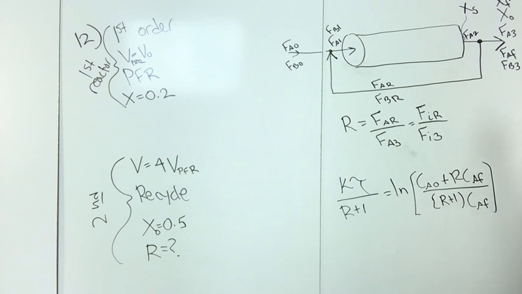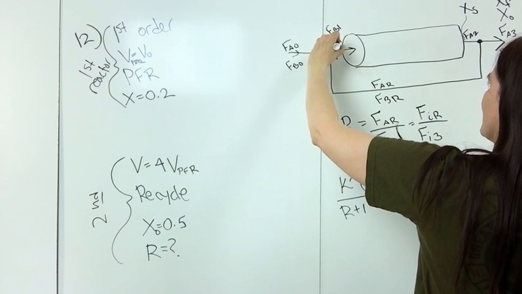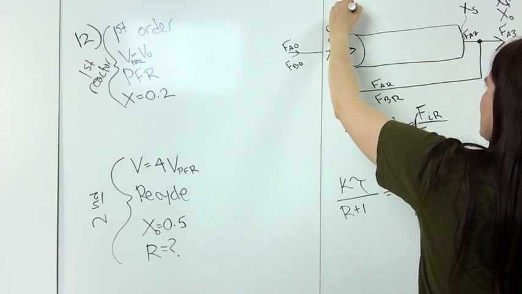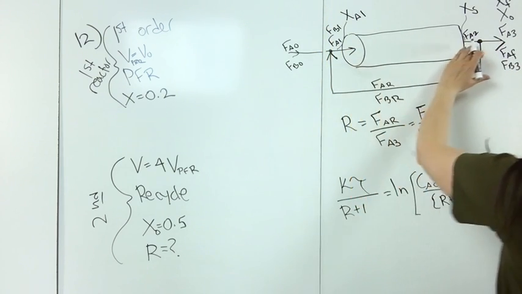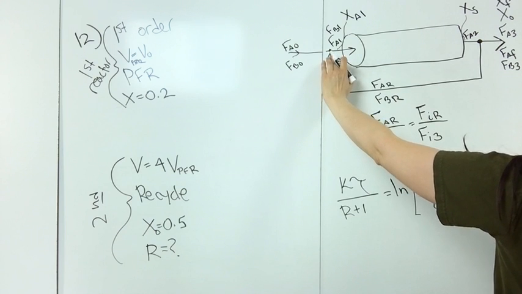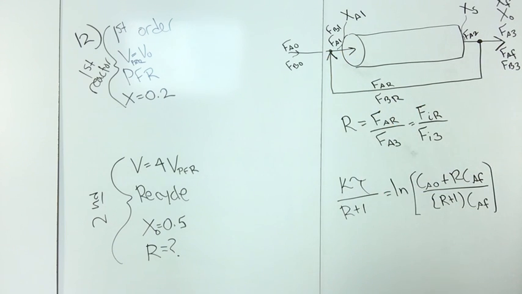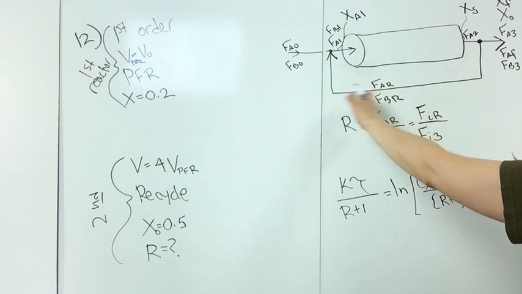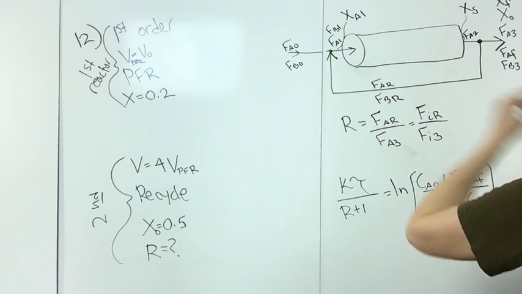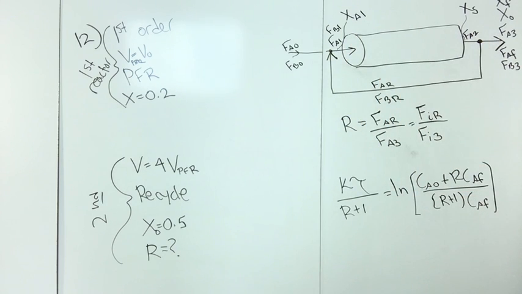So if you're playing with conversions and recycle reactors, be really clear about what conversion you're talking about, because you can also have a conversion here, and this would be XA1, because when your feed stream comes back and combines with this, there's going to be some A and B or whatever's in there that's been converted. So you just need to be clear about what you're talking about.